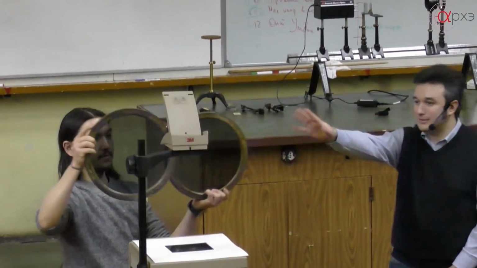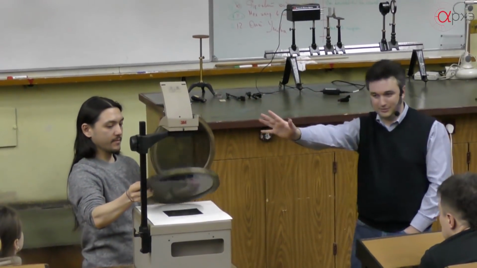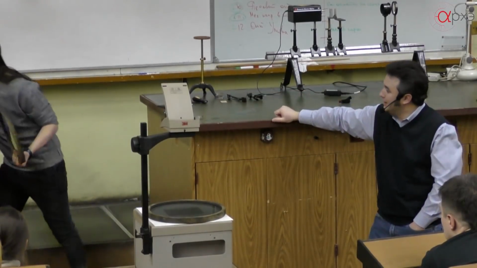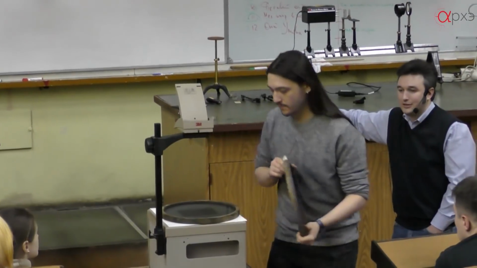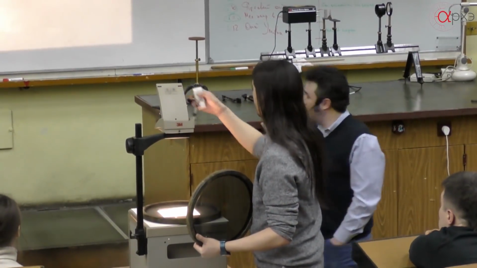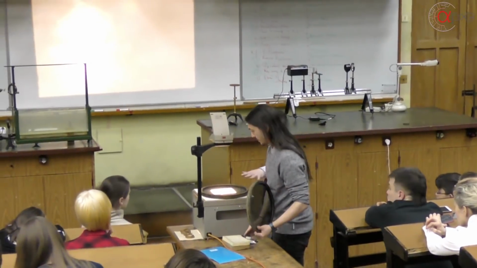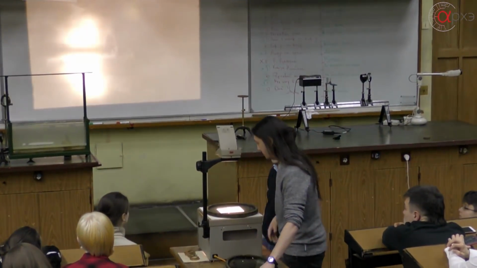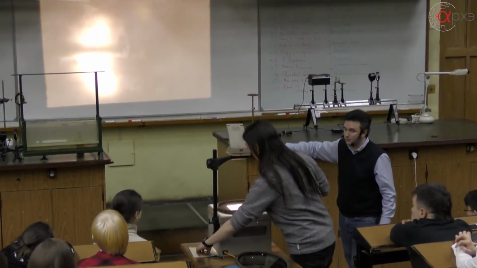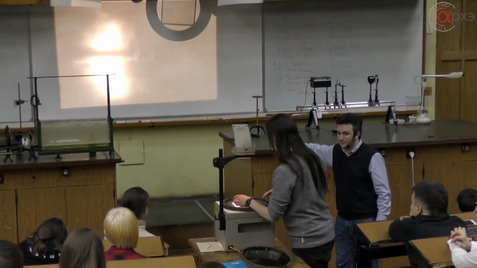Now, you can see that they are a little bit dark, but this is for a reason that we'll discover in a minute. If we put one such piece of glass on top of this overhead projector, we see a bright spot on the screen.